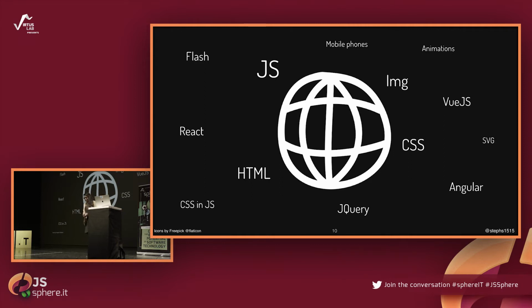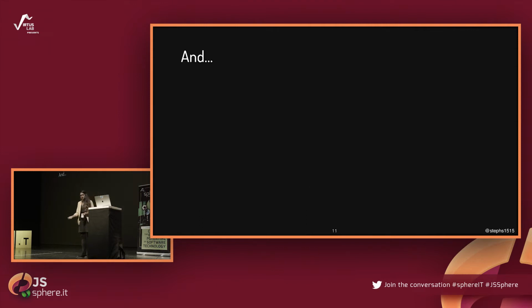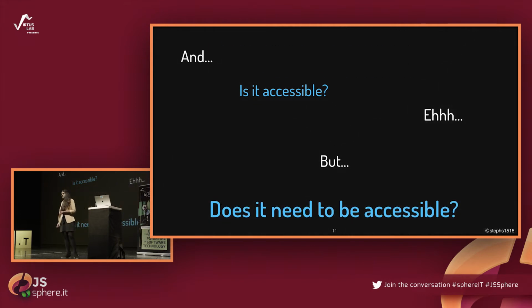And maybe at some point when we put it out there, people start using it. And maybe someone in your company, or some user, asks, hey, is this accessible? And then we're there thinking, but does it need to be accessible? There's a quite funny thing about this question, and it's that it only has two possible answers.